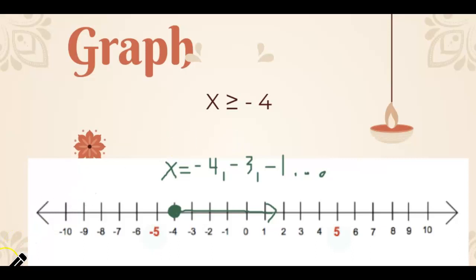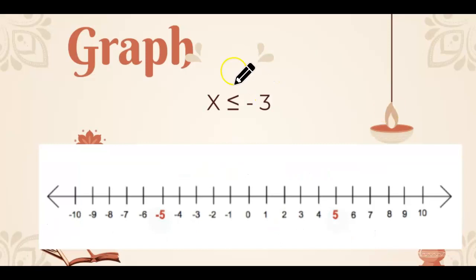Alright, next example. X will be less than or equal to -3. So definitely we go to -3. And since it says less than or equal to, we color it in. Okay? And then it says it should be less than -3. Less than -3 are here.